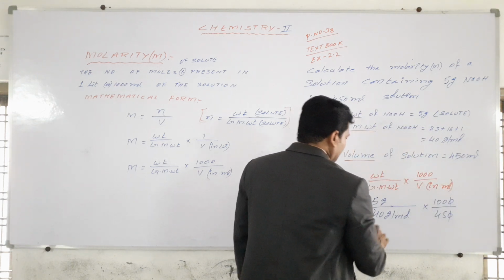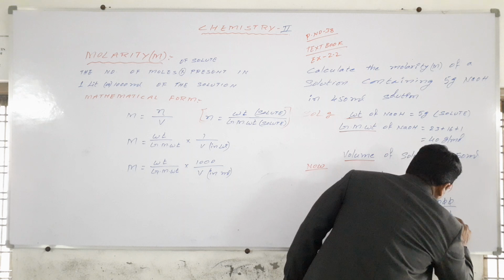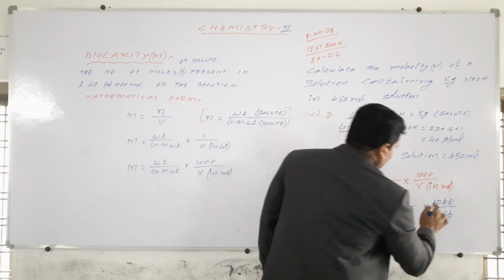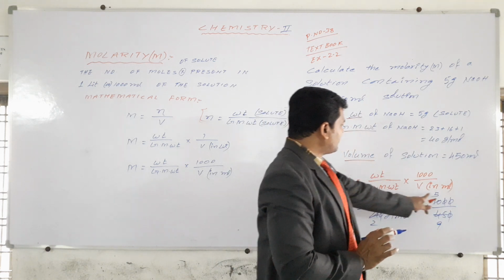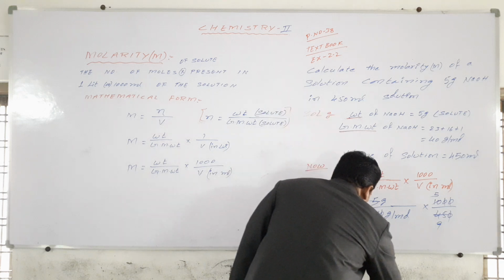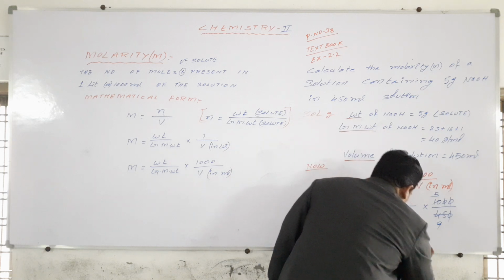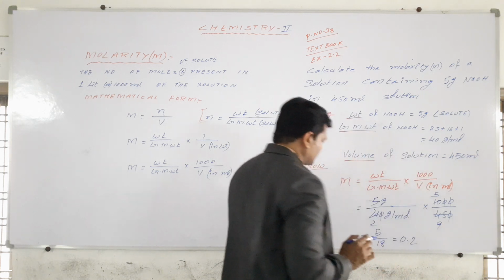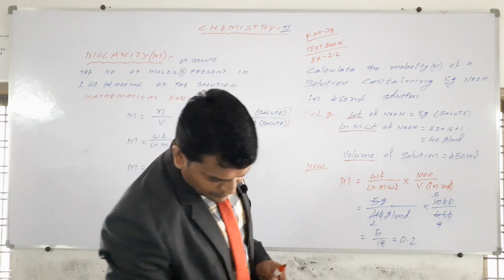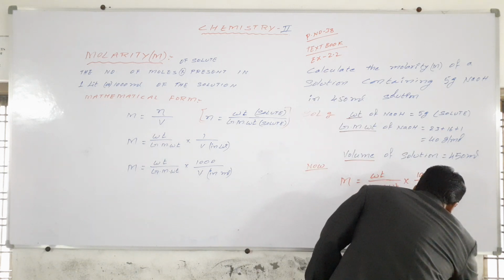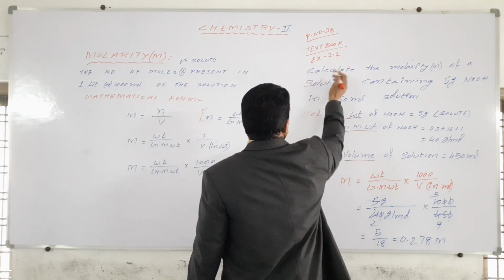Zeros cancel, 5 ones are 5, 5 nines are 45, and so on, giving 5 by 18. On dividing, 5 by 18 is 0.278 capital M.